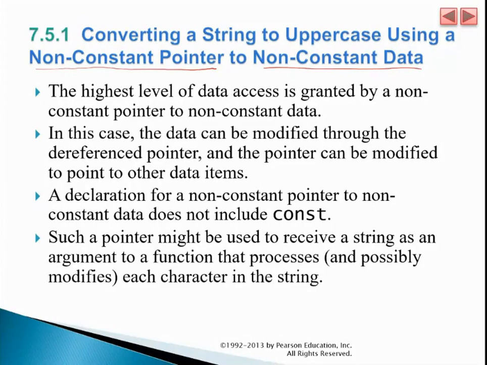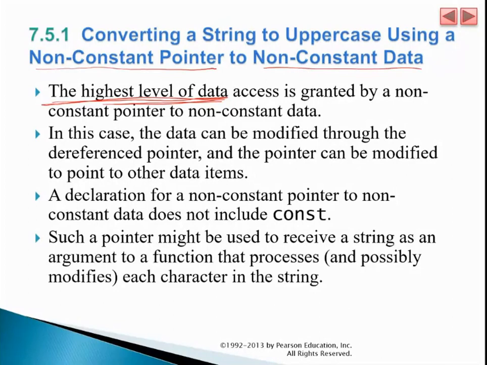Please remember, the highest level of data access is granted by non-constant pointer to non-constant data. Nothing more can be given. You are giving all the rights to the function: you can change the value of the pointer, and you can even change the value of the data to which it is pointing.